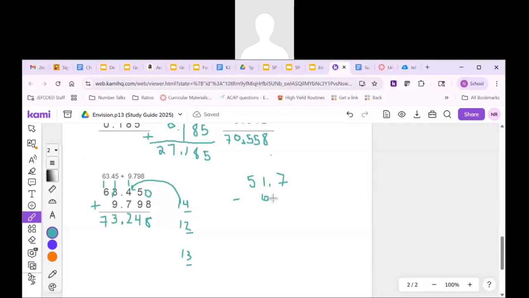And we'll take away 6 and 49 tenths. What about that? Well, we should do thousandths because that's what we do in 6th grade, so we'll make it 491.